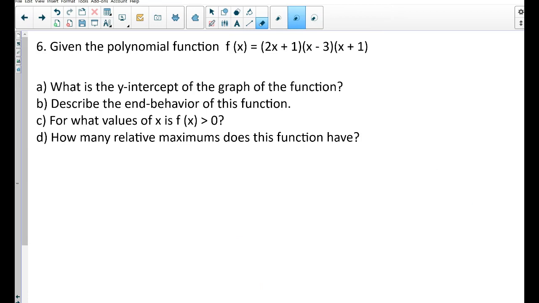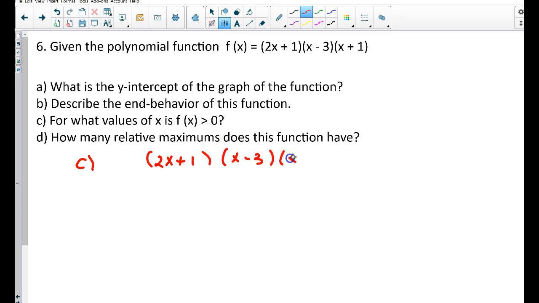For part C and D, you actually can just plug the function into the calculator, or you could do it by hand. I'm going to do it by hand. So let me get that pen out. So you're going to take 2x plus 1, and you're going to set it equal to 0 and solve.